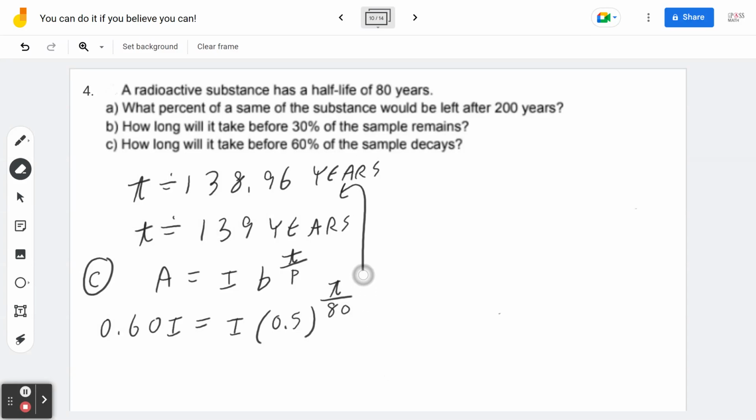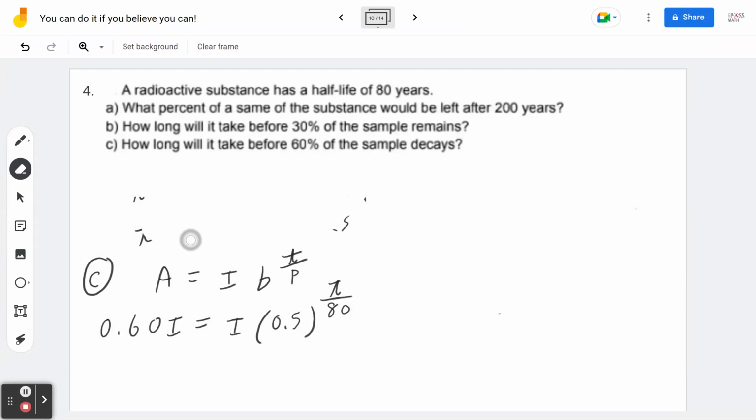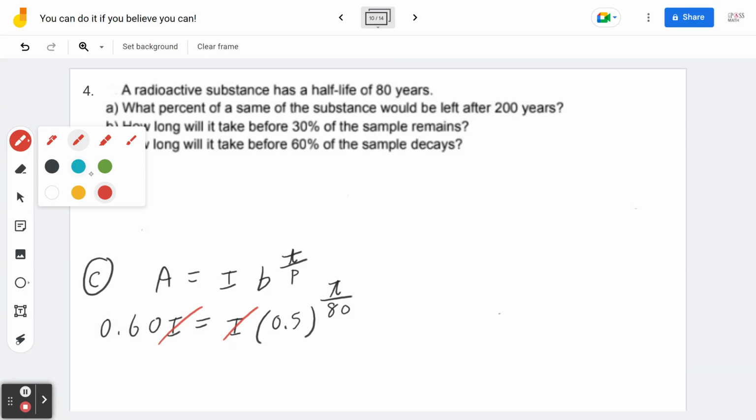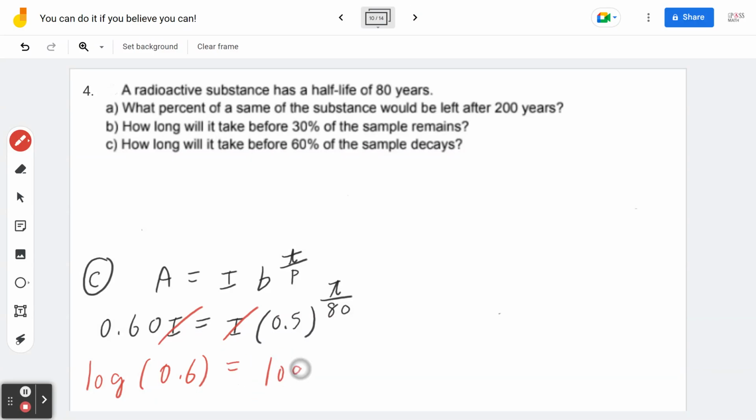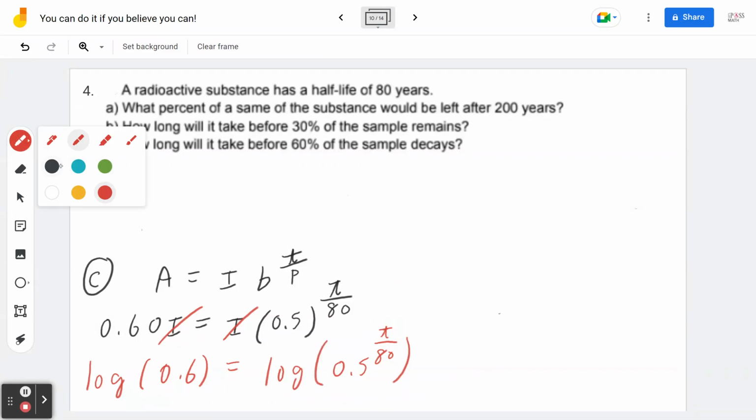So again, the first step is you can divide both sides by I, or you can simply cross it out. So if I grab a different color for your reference, I'm going to cross out I and I. Now, you have to log both sides. So I'm going to take the log of 0.6 on the left, log of 0.5 to the power of T divided by 80 on the right. Again, you can bring the exponent to the front.